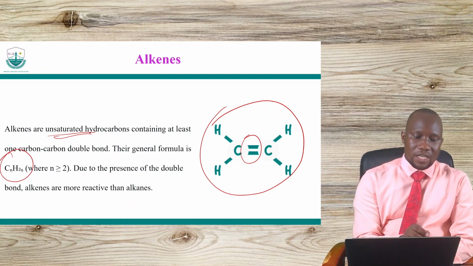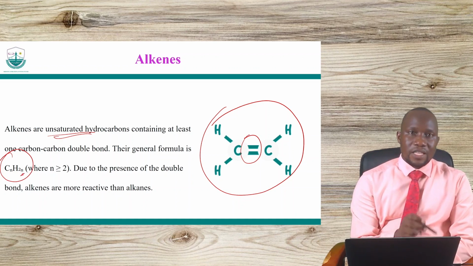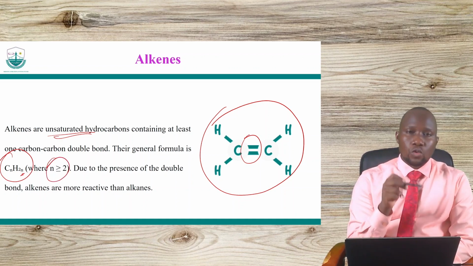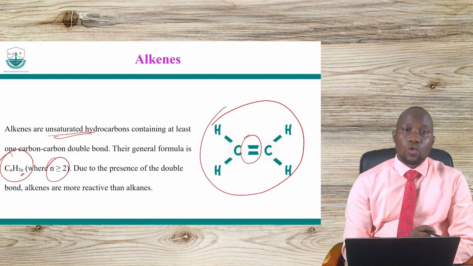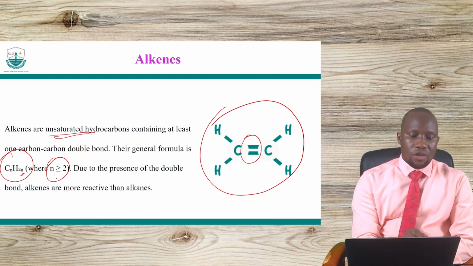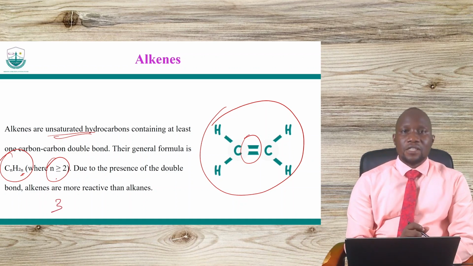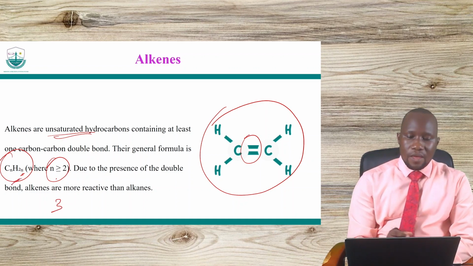This n has to be 2 or more than 2. This is the emphasis here. It cannot be less than 2. That's the point here. So if this n is 3, let's see what it would be.